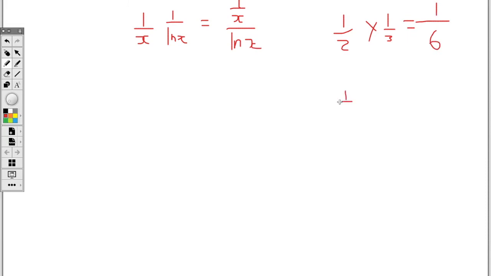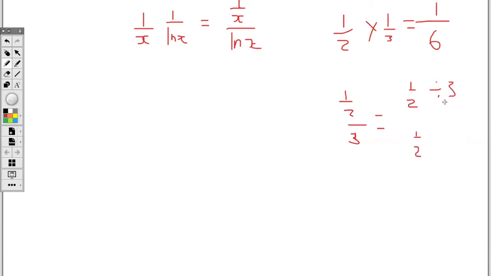Now, if I have a half over 3, just remember that a half times 1 over a third is the same as a half over 3. So all I did was put the half in the numerator, so we have a half over 3. Now, we know that a half over 3 is the same thing as a half divided by 3.